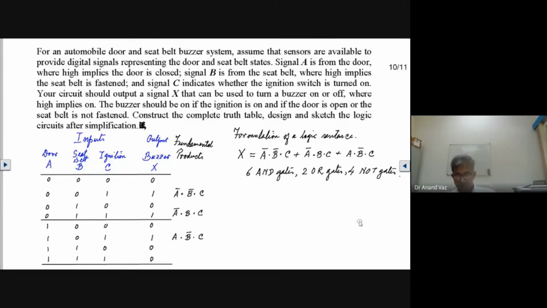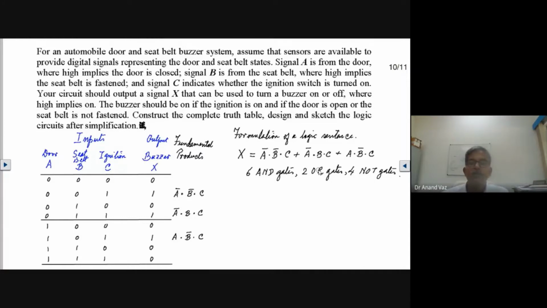Now it is possible for us to simplify this and obtain a simpler logic sentence for the same output. So it is necessary to simplify this because the more number of logic gates you have, your hardware increases.